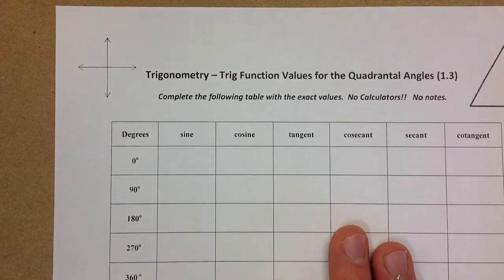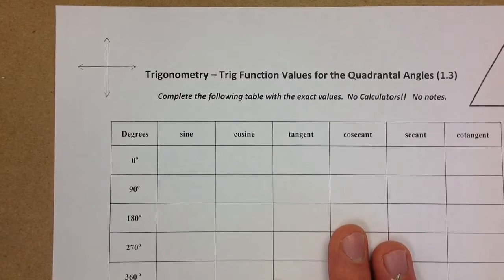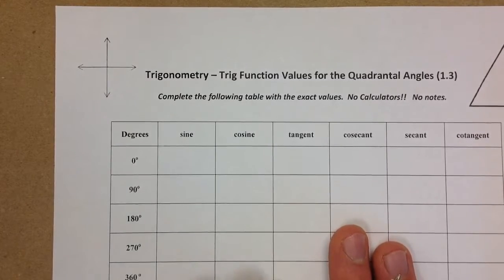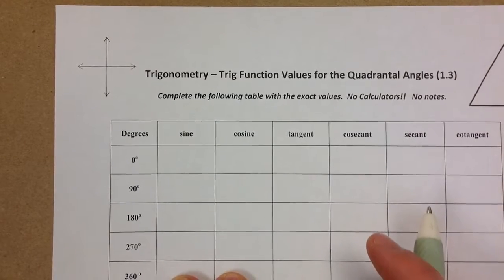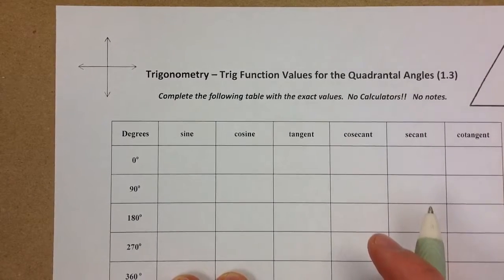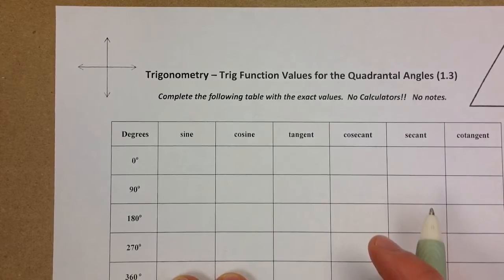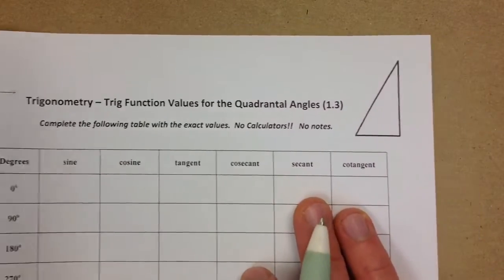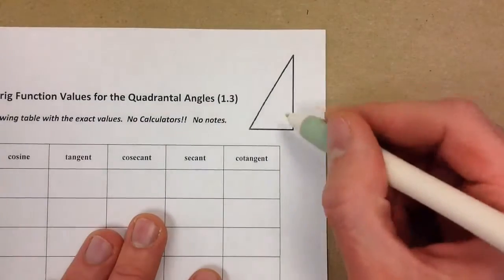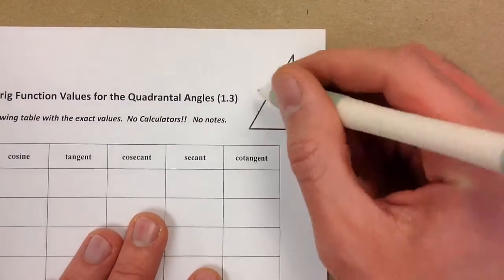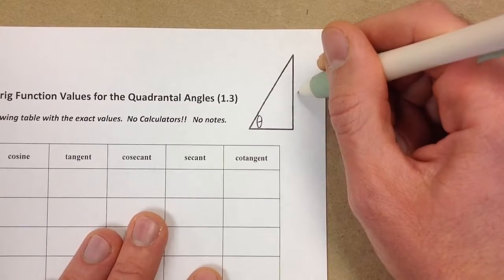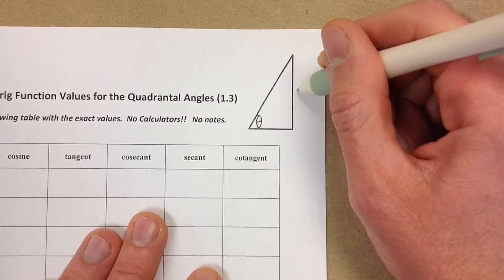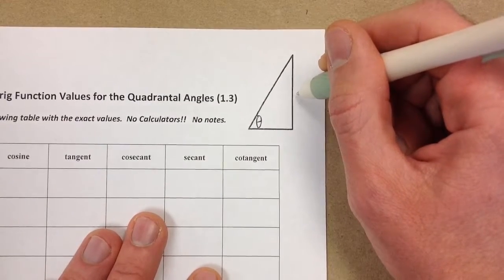Val, can you tell me the definition of sine in terms of x, y, and r? Okay, so let's do this first. In this triangle here, if this is our angle of interest, what would you normally call this side?